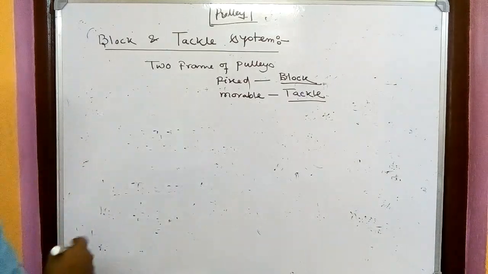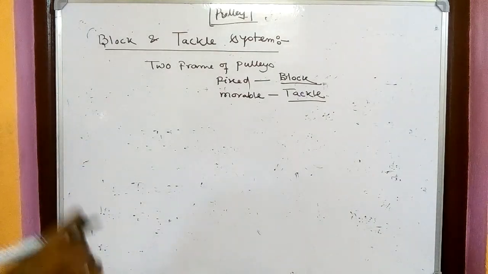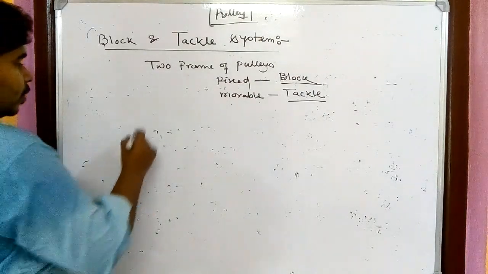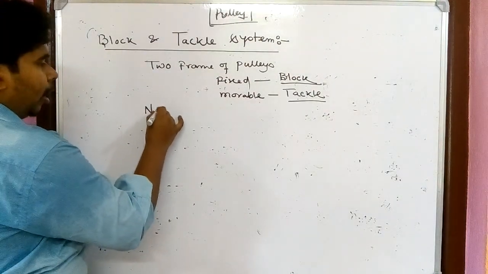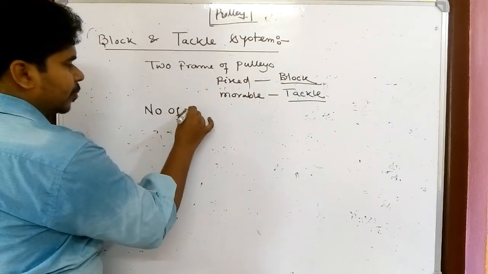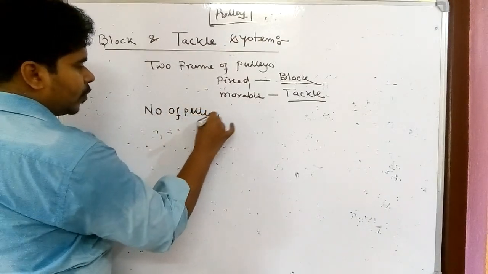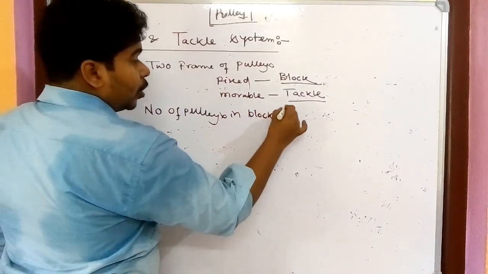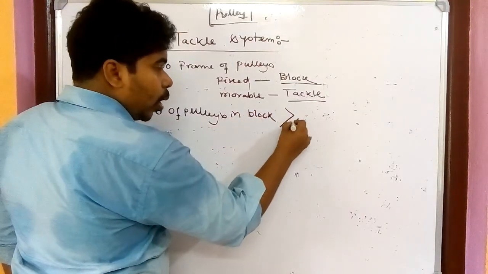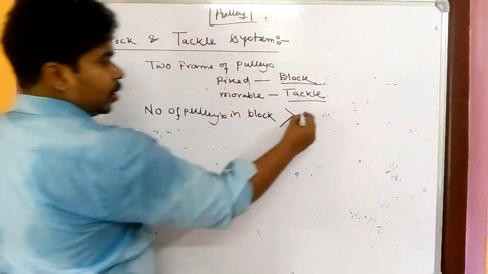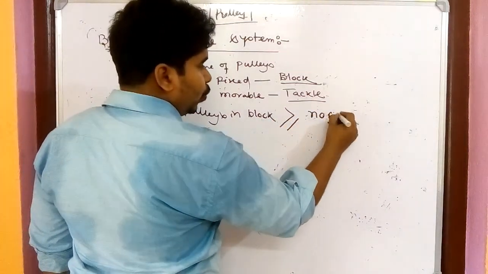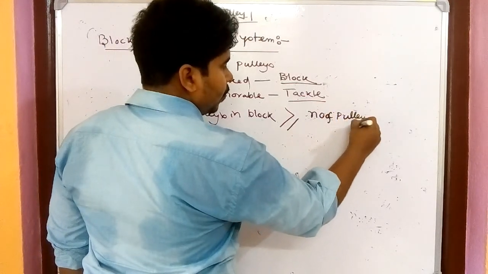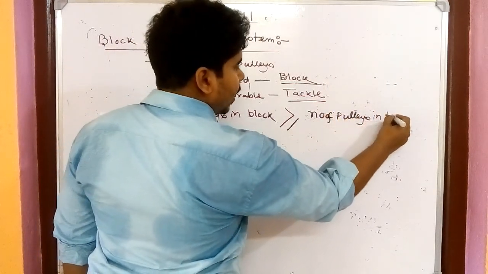Now there are some conditions we have to learn about block and tackle system. Conditions are: number of pulleys in block should be greater than or equal to number of pulleys in tackle.